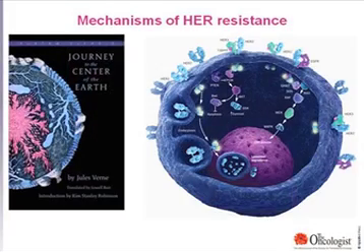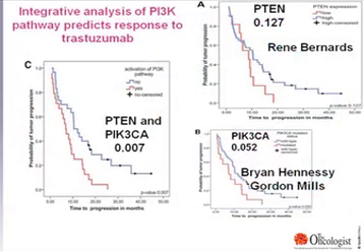Since we are in France, I could not resist the analogy, and I think in the case of HER2 resistance, in a similar fashion as Jules Verne wrote this beautiful book of A Voyage to the Center of the Earth, if we want to find some of the mechanisms, perhaps we have to initiate a voyage to the center of the cell. If it works, that's the proposition here. And in the center of the cell, what we have is the PI3 kinase pathway.